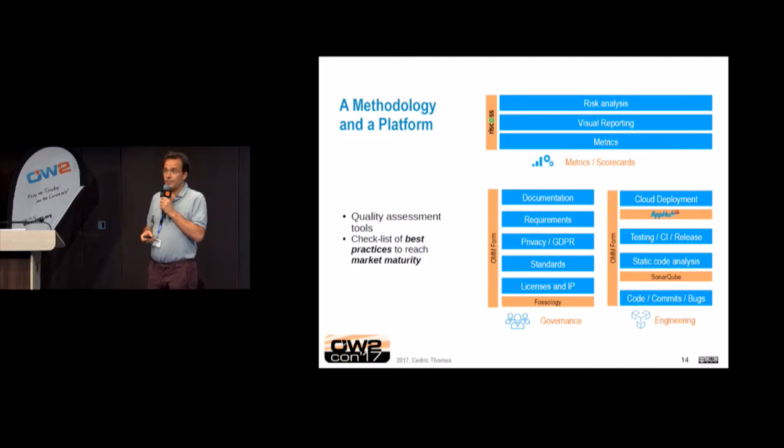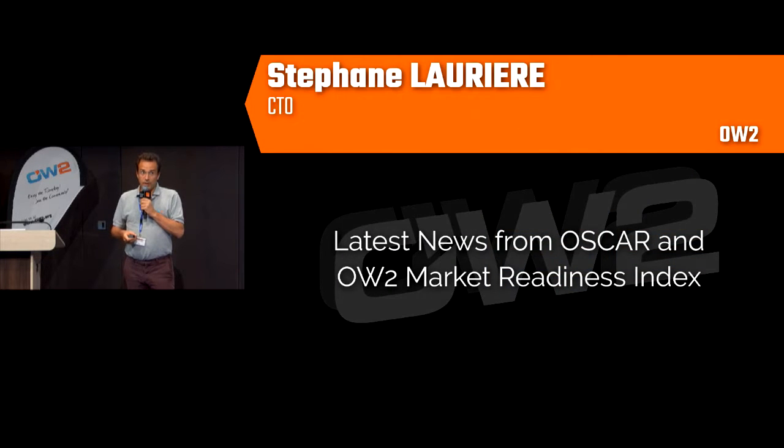Actually, you can see on this diagram that OSCAR hinges on 2 main pillars: the governance pillar and the engineering pillar. And each pillar covers a set of criteria, and a set of tools are made available to implement these criteria.